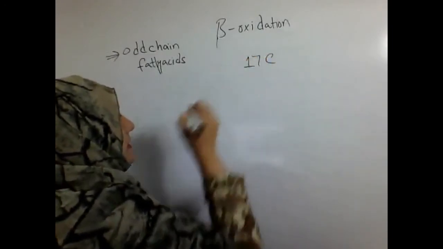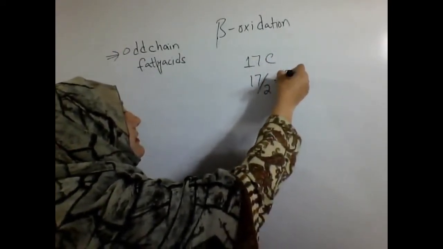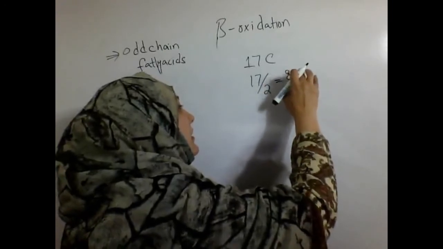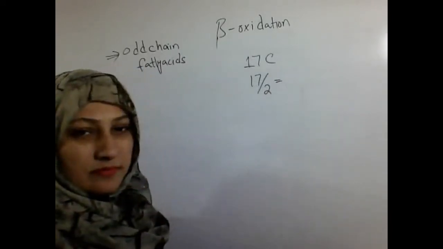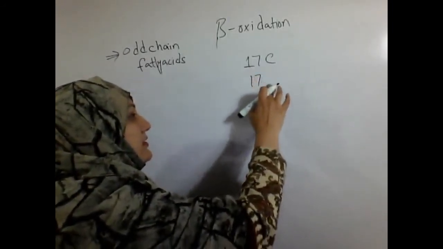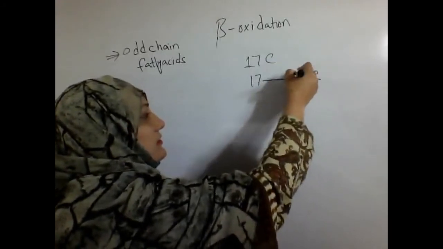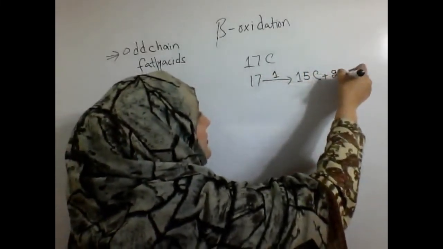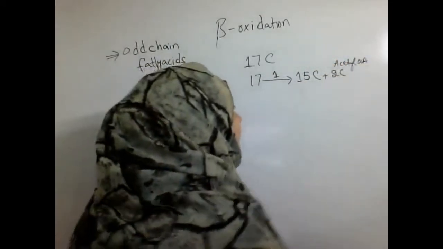If the molecule of fatty acid is 17 carbon, then we use it this way: the 17 carbon molecule in the first cycle is converted into 15 carbon plus 2 carbon acetyl CoA. Right?